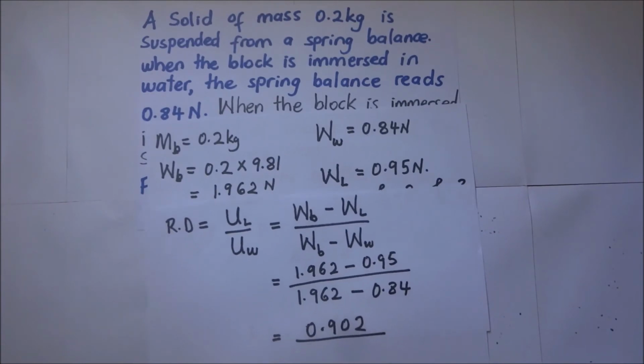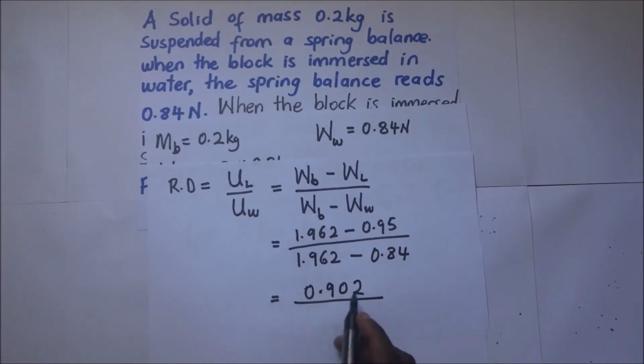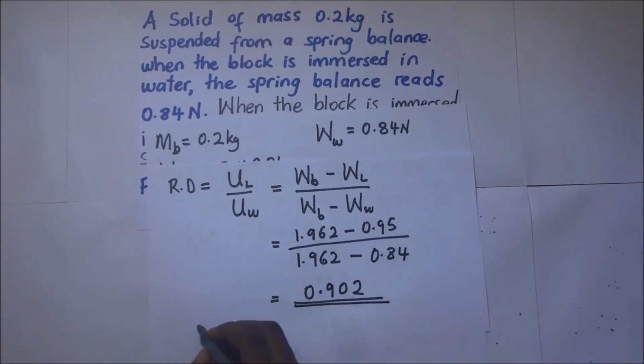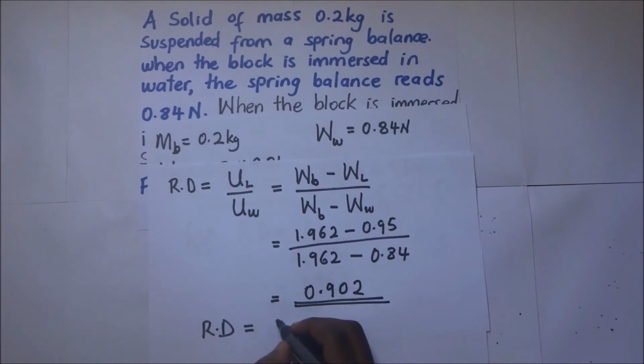So now that we have the relative density of the liquid, we multiply that by the density of water. But for the sake of showing working, we shall say that again, relative density is still the ratio of the density of the liquid, divide that by the density of water. We're interested in the density of the liquid, so it means that we make this the subject of the formula.